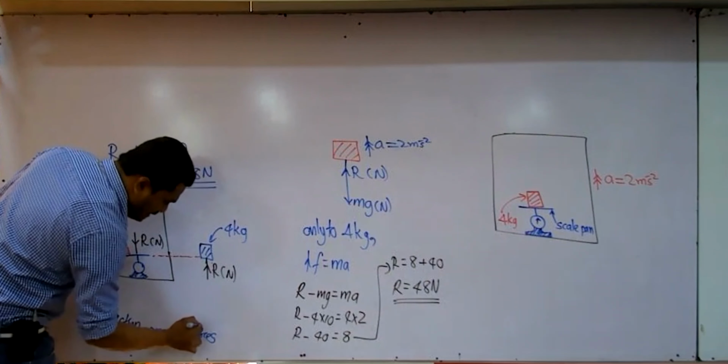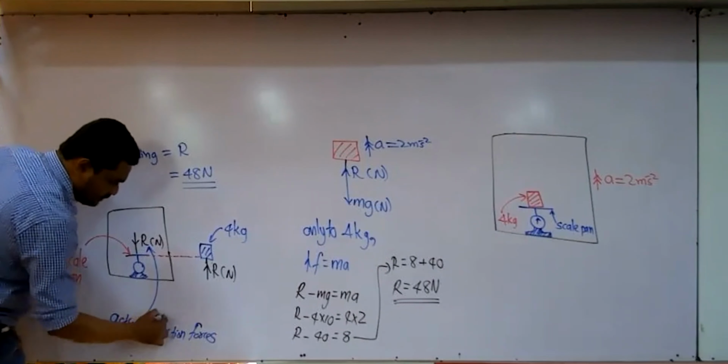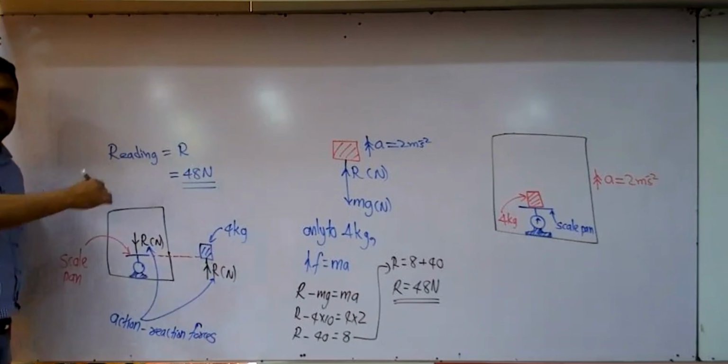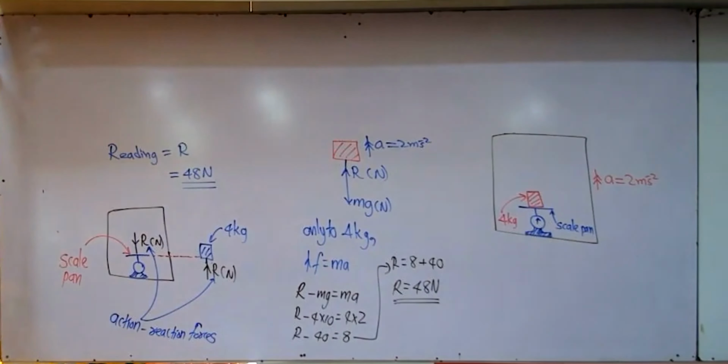Write this answer and draw the figure also. If you draw the figure, it will be very easy for you to understand this. So please remember that the reading of a scale is the force acting on its scale pan. I would like to discuss some more questions for this section.